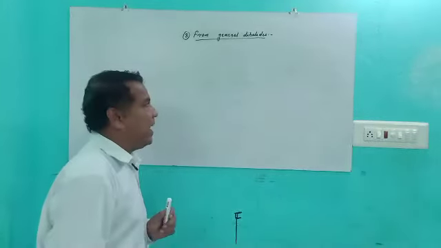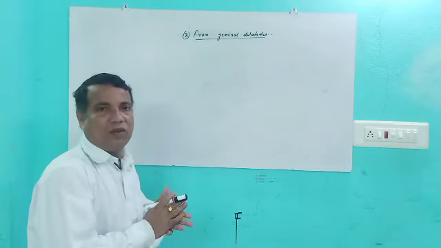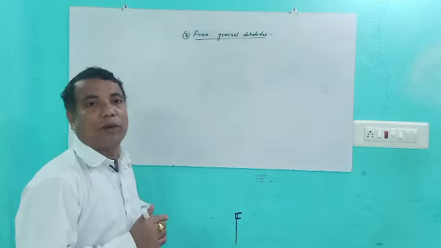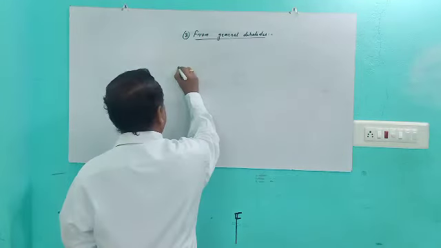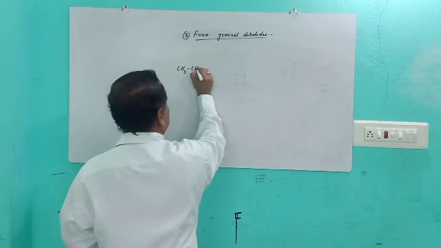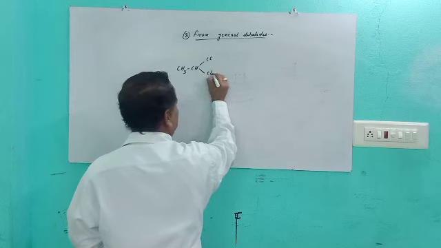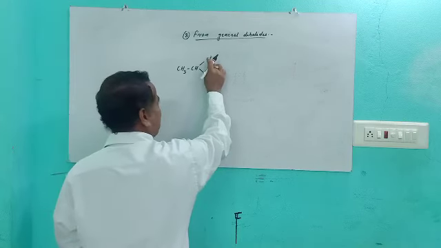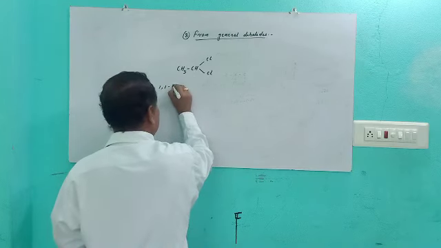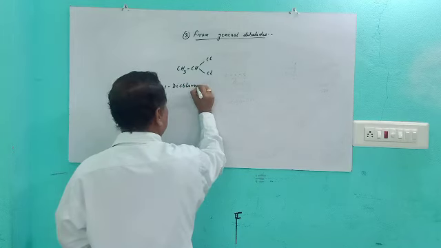When a geminal dihalide is treated with aqueous caustic potash solution, suppose you take CH3-CHCl2.